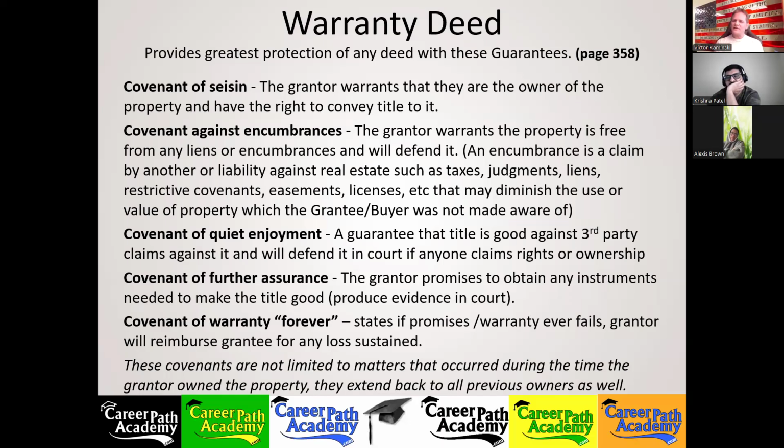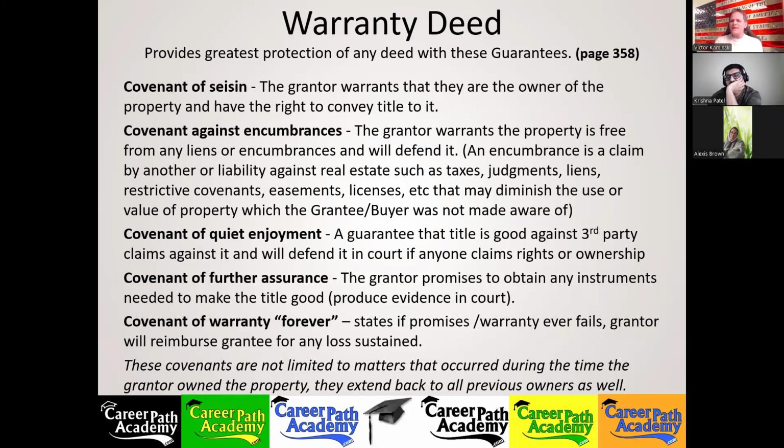Now, these covenants are not limited to matters that occurred during the time the grantor owned the property. They extend back to all previous owners throughout history as well. So since the beginning of land record keeping, you're saying if you're offering a warranty deed, that since the beginning of record keeping of land ownership here in the United States, I could guarantee you that at no time in the past has there ever been an improper transfer of this property where all the owners didn't sign off on the transfer of the ownership?